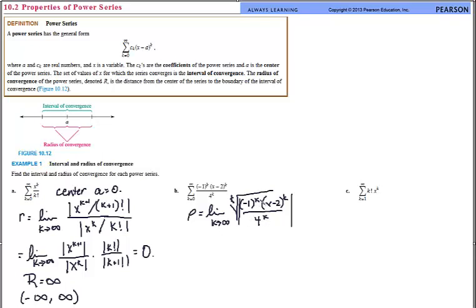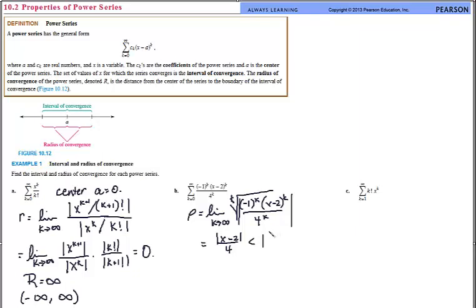In working this, you'll notice that this is just going to be a 1. This is going to be the absolute value of these two. I can then say that this is the absolute value of x minus 2 over 4. I need this value to be less than 1 in order for this to have absolute convergence.